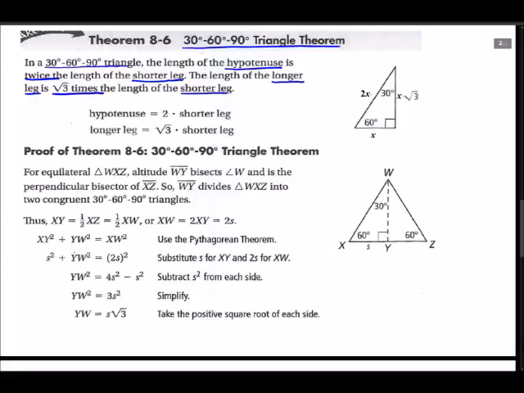So the shorter leg is the important one for us. We have 2 formulas here that you can follow, one for the hypotenuse, one for the longer leg.